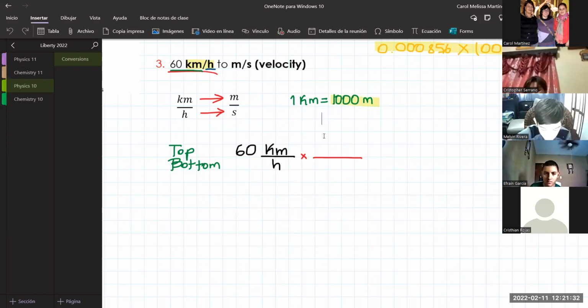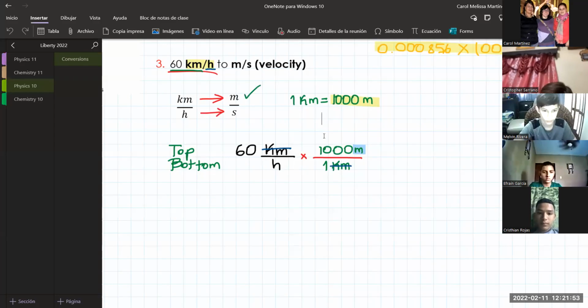So meters must be written up, and down just the kilometer. This allows you to get rid of kilometers with kilometers, leaving you meters. So the first conversion, this one, is going to be done already.